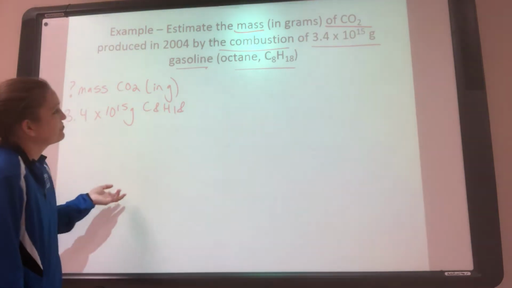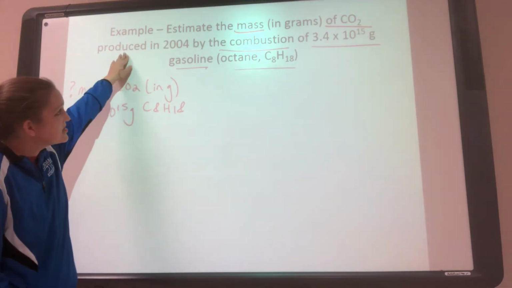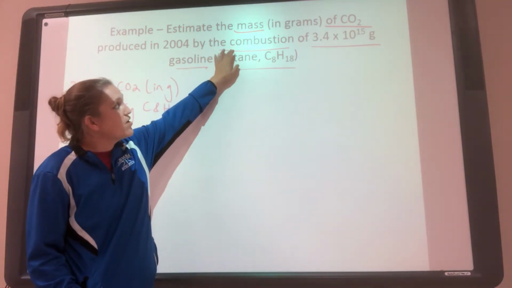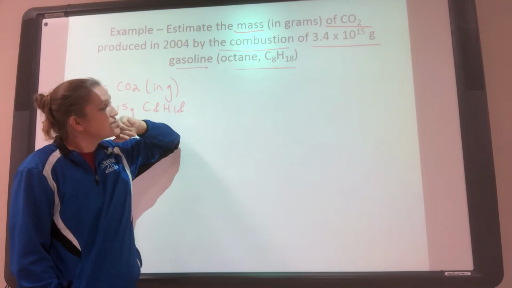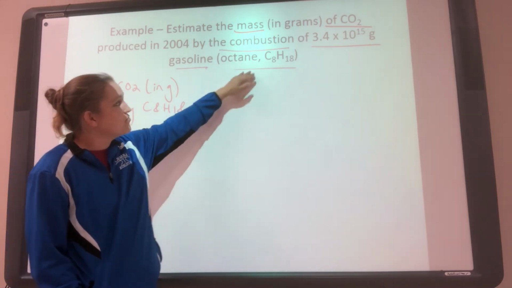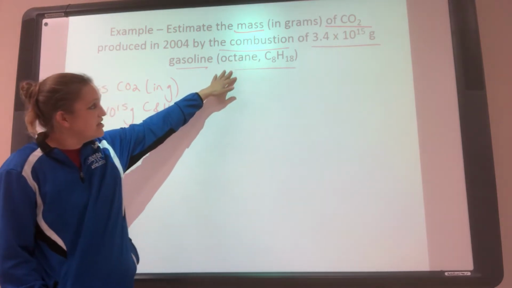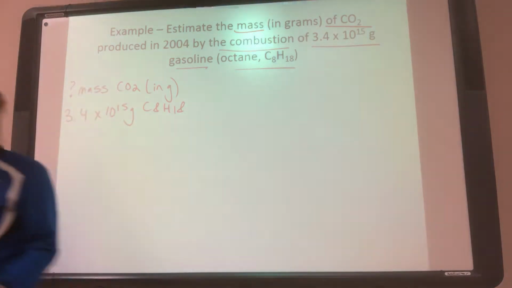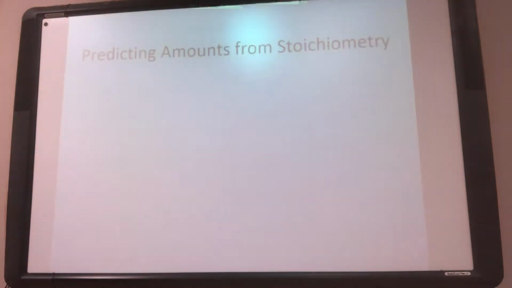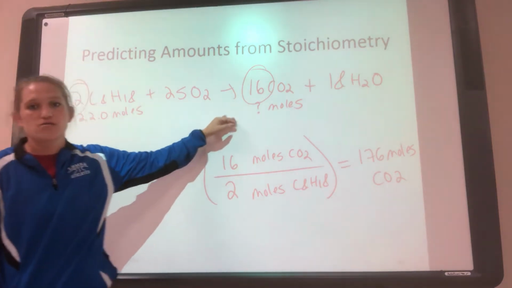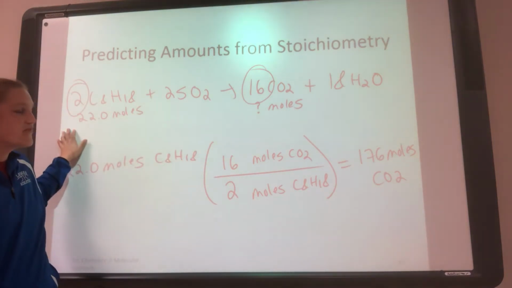So that's why it's important to know what's happening. They said that CO2 is produced by combustion. Do we know what combustion is? Yes, we already talked about combustion a little bit. Combustion is a reaction where I take whatever is being combusted and I add oxygen and I get CO2 and water. Now, I kind of set you up on this one. I already gave you the balanced equation for combustion, so I'm saving us a little bit of time from the previous problem.